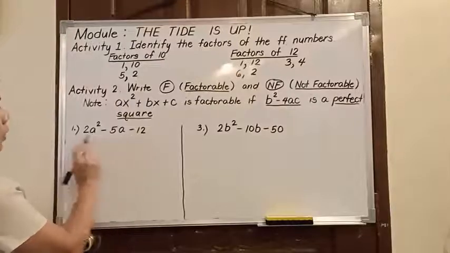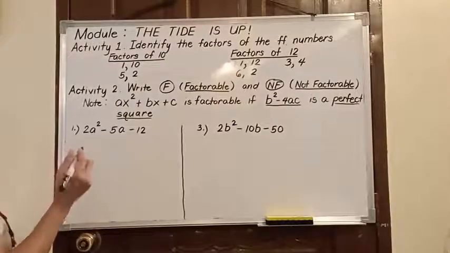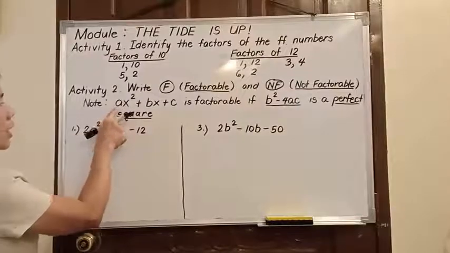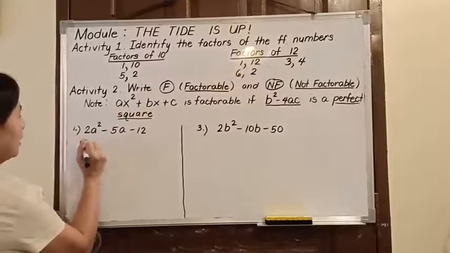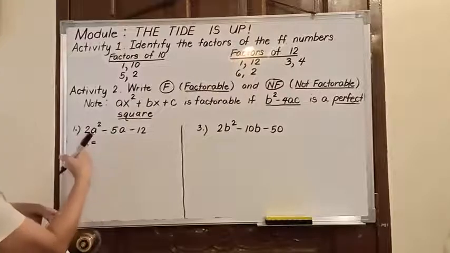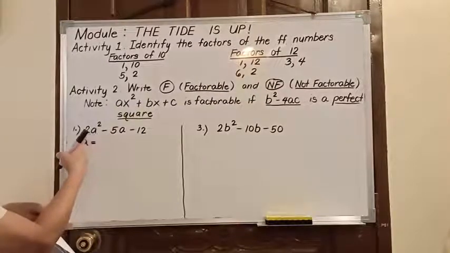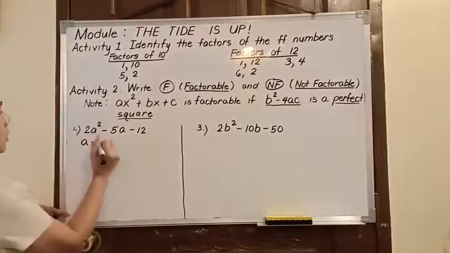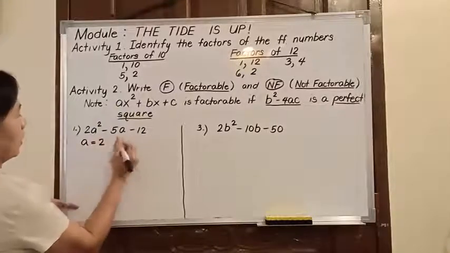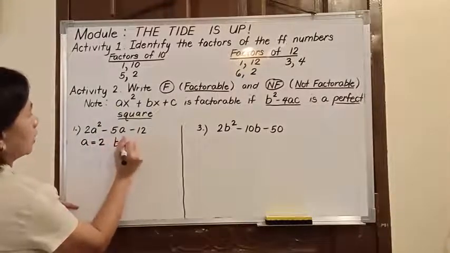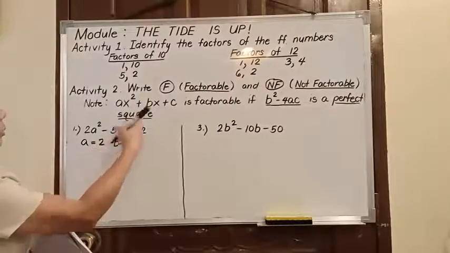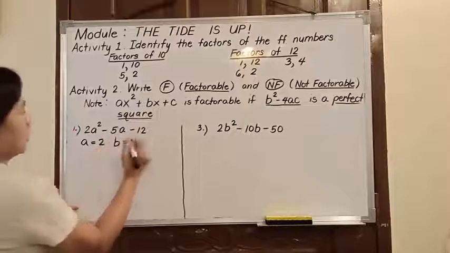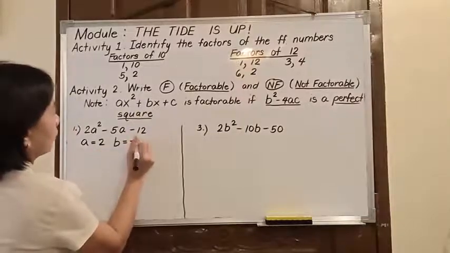For number 1, we will first identify a, b, and c. Asan dyan ang a? Asan yung b tsaka yung c? Yung a natin is the numerical of a squared, yung numerical sa first term, that is positive 2. And then b is the numerical of the middle term, that is negative 5.